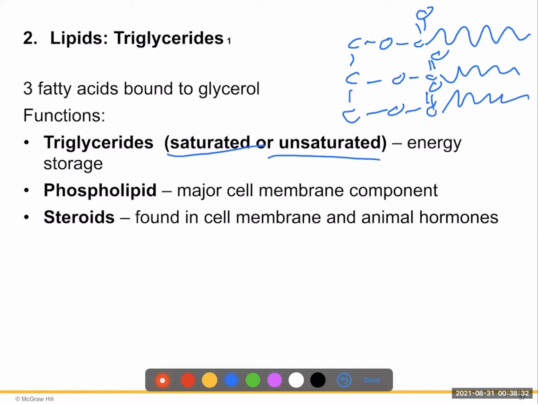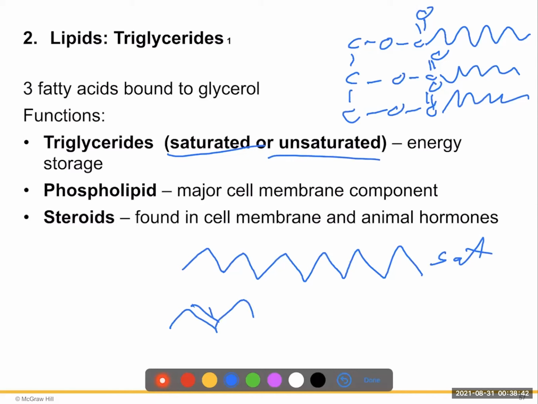Remember that these are all carbon atoms. That's saturated because everything is all bonded. If we have a double bond in there, that's unsaturated, which means if we got rid of the double bond, we can put more hydrogens in there. So it's unsaturated with hydrogens. That's what saturated and unsaturated fats mean.